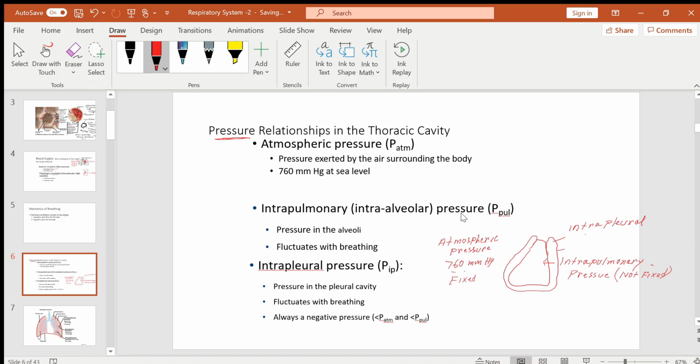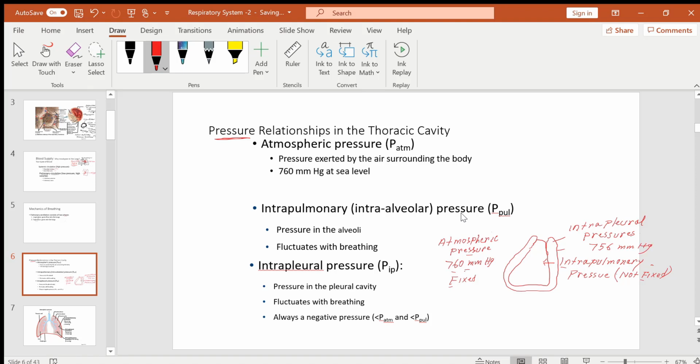So very simple, right? So three pressures you need to know. Intrapulmonary inside the lung, which is also called intra-alveolar, which is not fixed, it changes. Atmospheric pressure 760 fixed outside of the body, and in the pleural space the pressure is intrapleural pressure, which is also fixed. So this pressure is 756 millimeter of mercury. Okay.